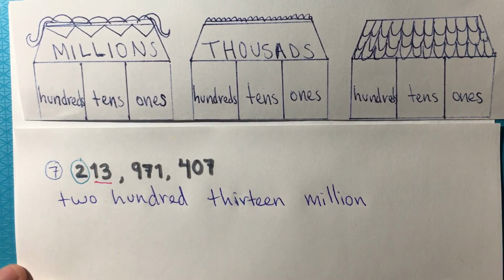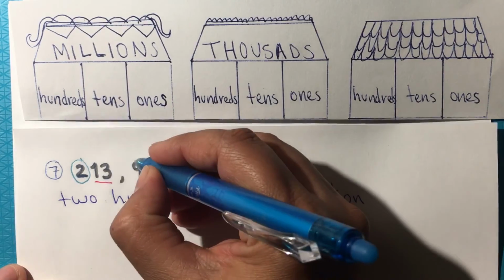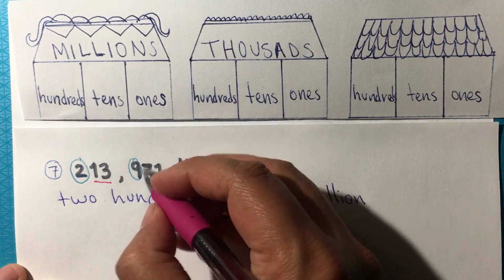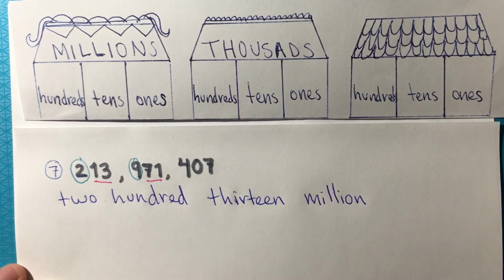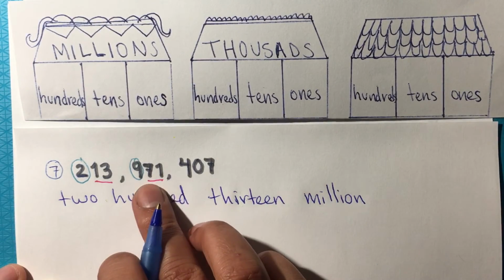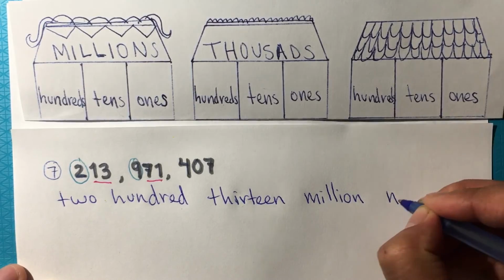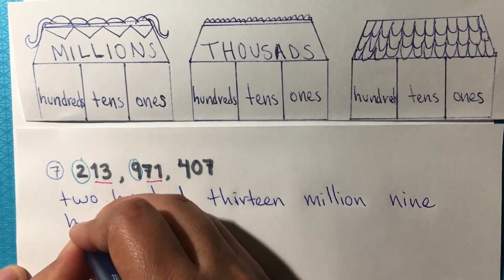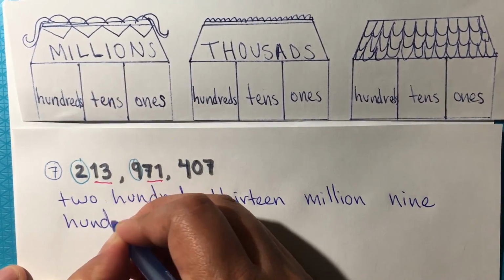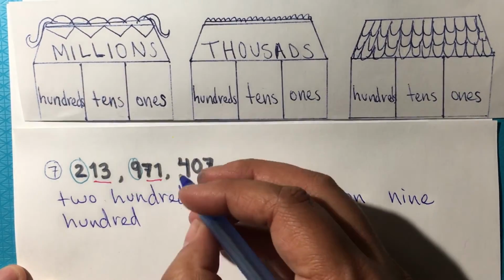Then again, we circle this and underline the next two, and we say 971,000. So 971,000.